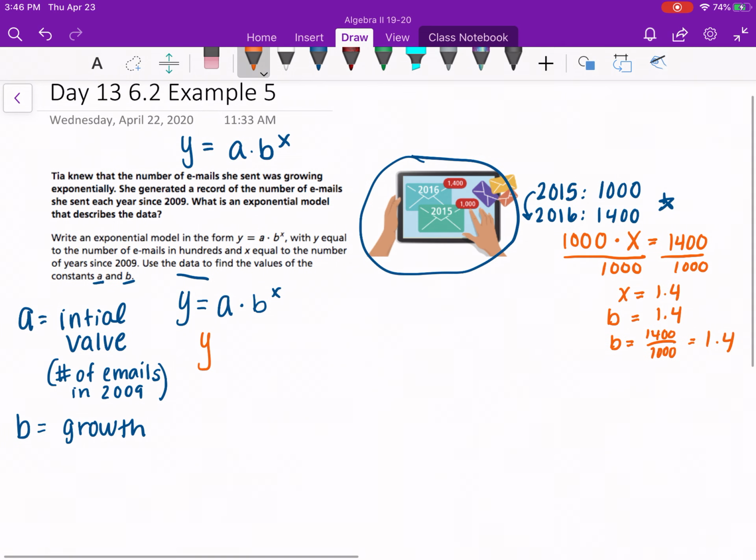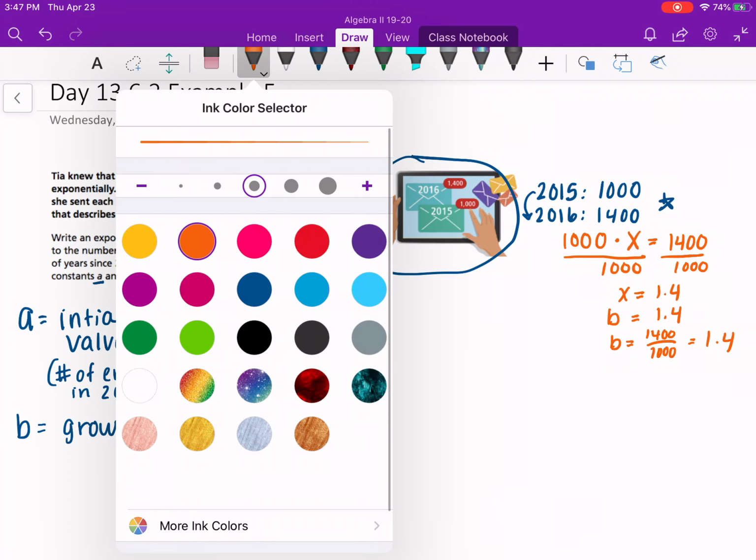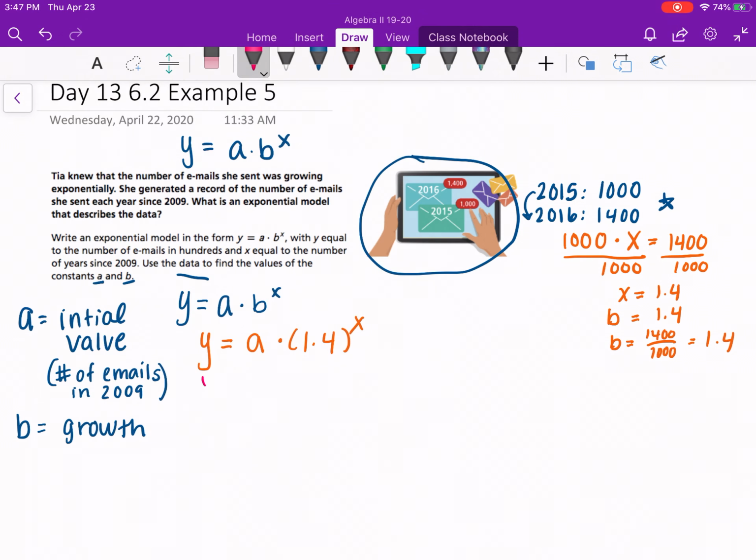So I'm filling it in: y equals, I still don't know a, but I know that b is 1.4 to the x. Now I want to figure out a, the initial value of my emails in 2009. But when I'm looking at an equation with multiple variables, I cannot solve for one of them until it's the only variable in the equation, meaning I have to plug in something for x and something for y.